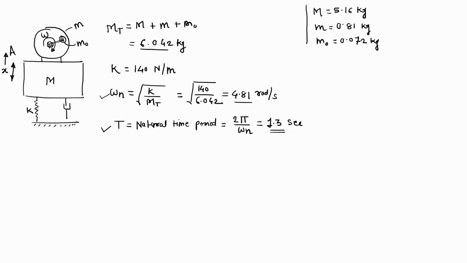So we have to plot the graph of amplitude versus frequency. So the observation table: we perform this experiment by neglecting the damping effect. So this is the first observation table, by neglecting damping, that means zeta is equal to 0.